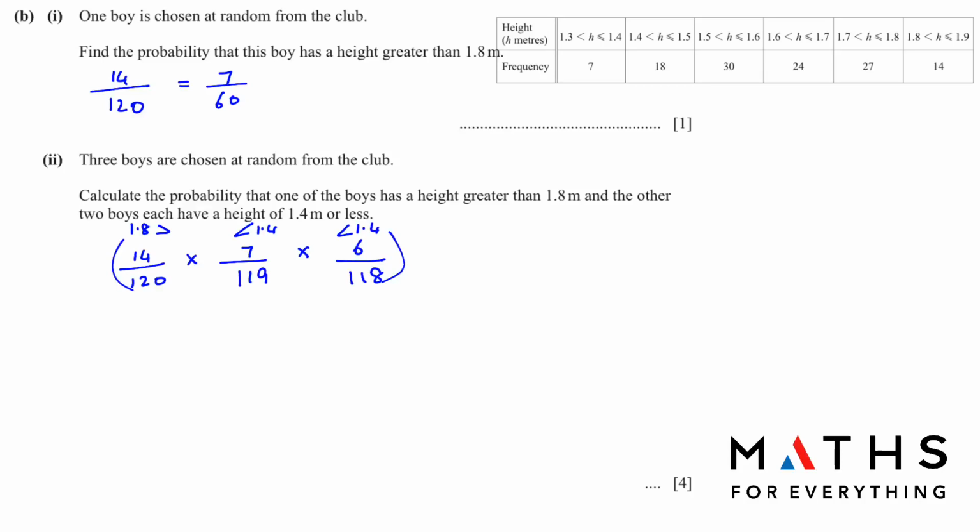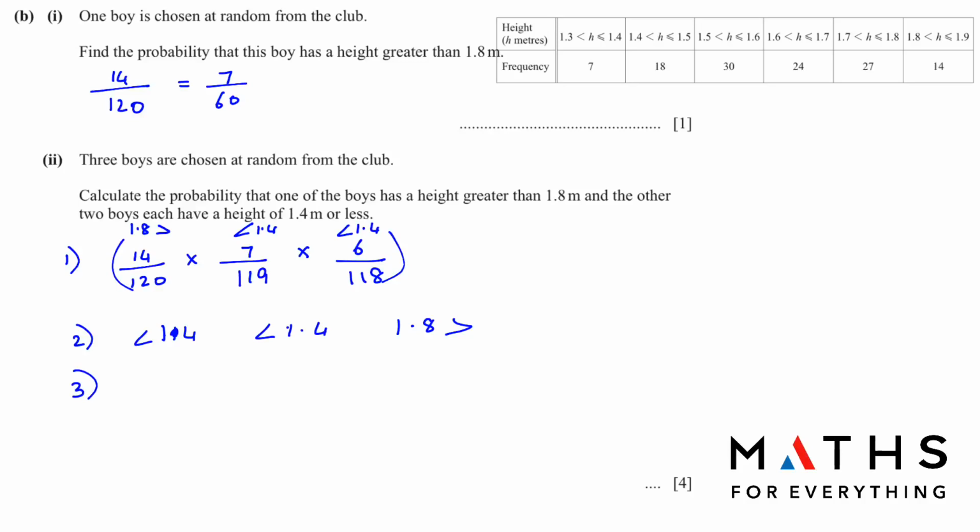But suppose the first boy was less than 1.4, the second boy was less than 1.4, and the third boy was greater than 1.8. So it could be that this is the first choice. The second could be that the first boy is less than 1.4, the second boy is less than 1.4, and the third boy is more than 1.8.